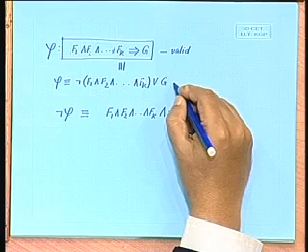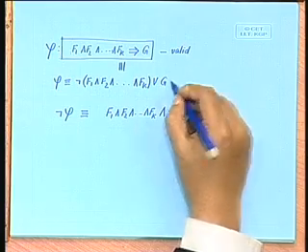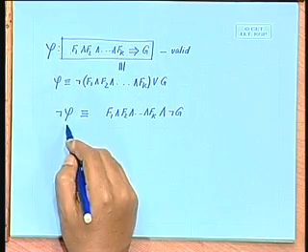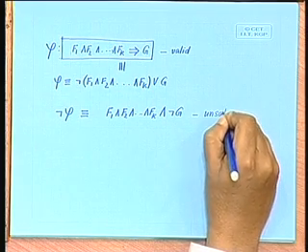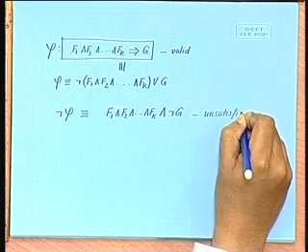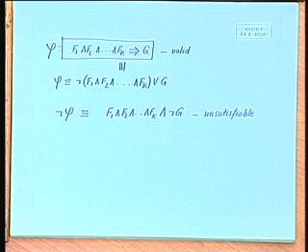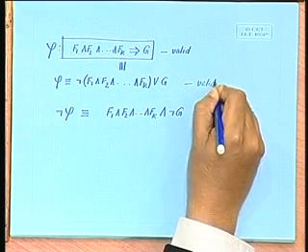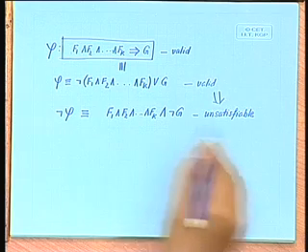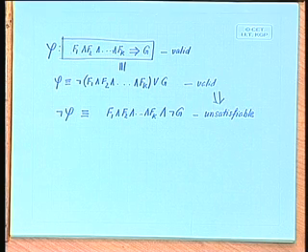And if var phi is valid, then not of var phi is unsatisfiable, right. Now, is that clear? This is valid implies this is unsatisfiable. Clear?